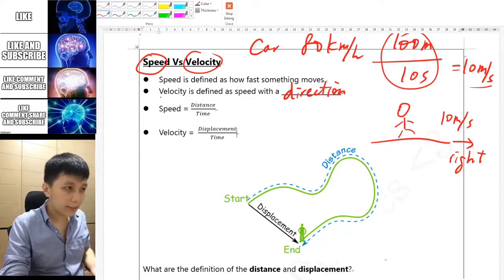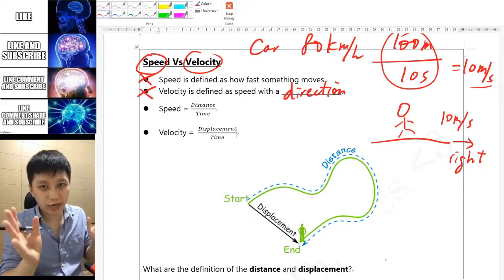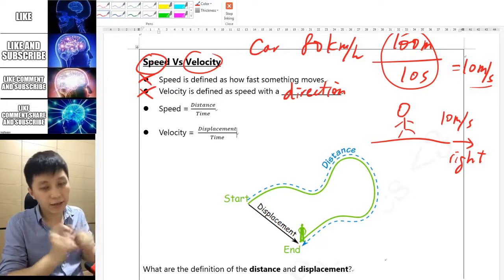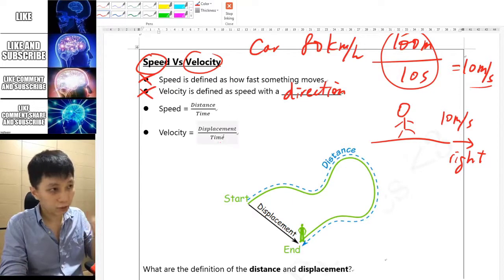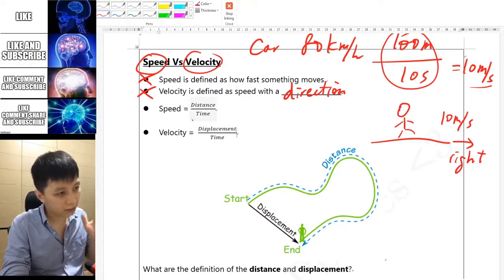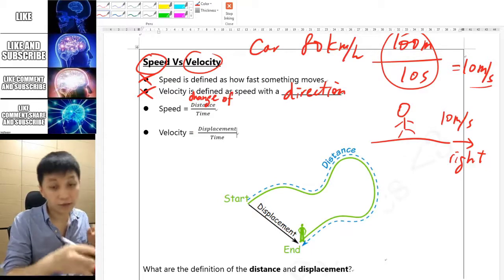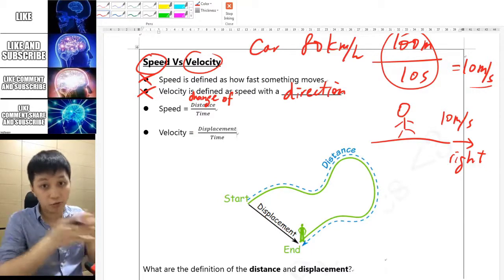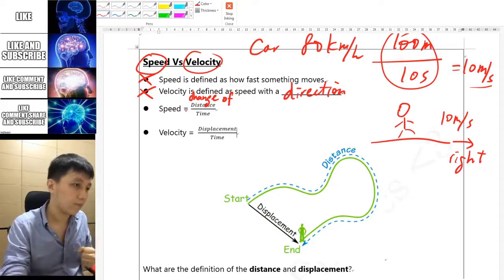More precisely, the way that I just now told you is not the best way of defining speed and velocity. The best way of defining speed and velocity is through these two equations. Speed is actually defined as distance over time. More precisely, it should be the change of distance, or the distance that you moved, over the change of time, within a certain time.